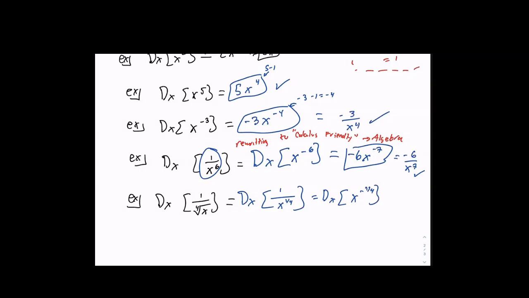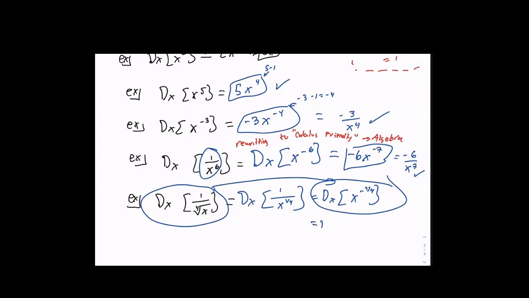That's your algebra. So you need to turn this problem into this problem. Once you've done that, that's the calculus finally, and then the process is easy. The answer for this derivative is negative 1/4 x to the negative 5/4.